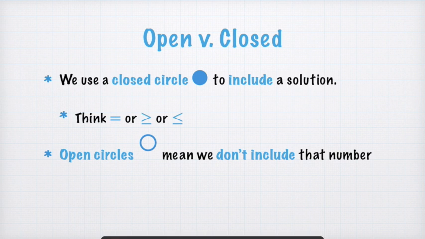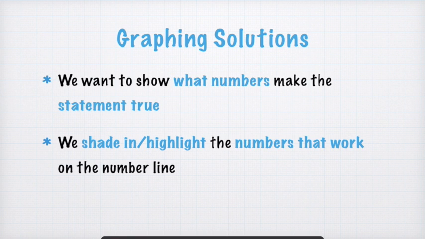So it's kind of like a break in the set. So when we have something like that, we want to think that it's greater than or less than. When we want to graph our solutions, we basically want to see what numbers make the statement true. So we're going to highlight or shade in the numbers that work on the number line.